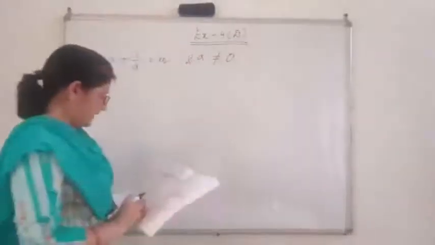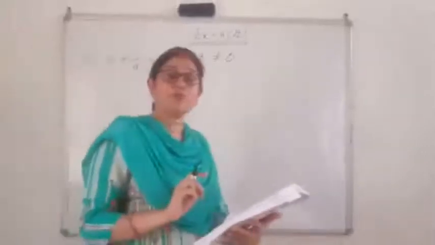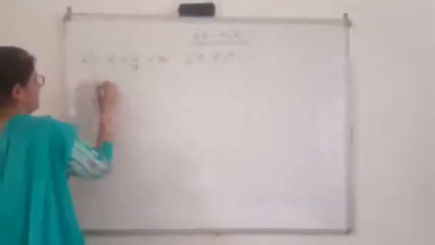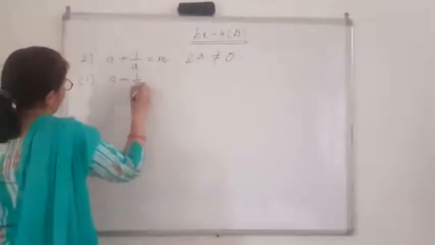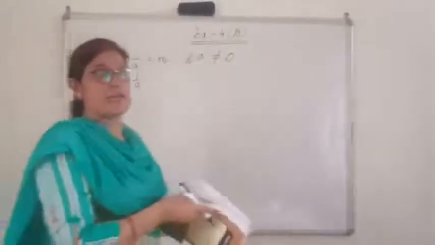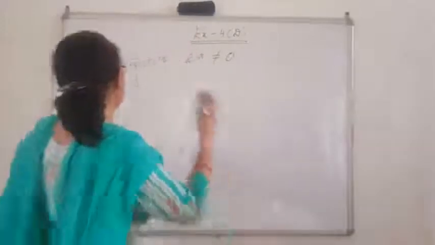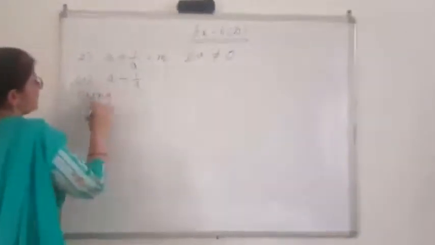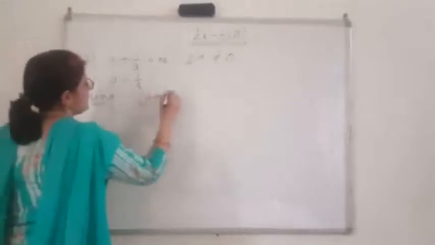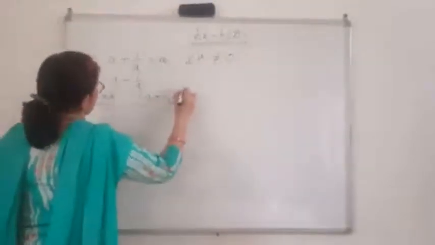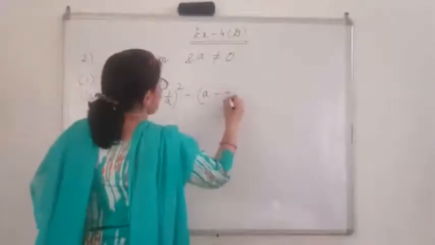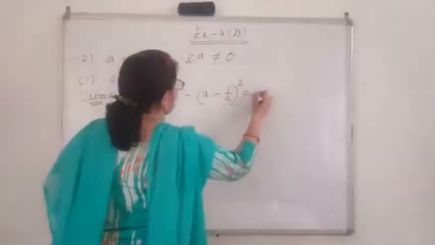You have to find two parts here. In the first part you have to find the value of a minus 1 upon a. We will take the identity which we have done in exercise 4a: a plus 1 upon a whole square minus a minus 1 upon a whole square equals 4.